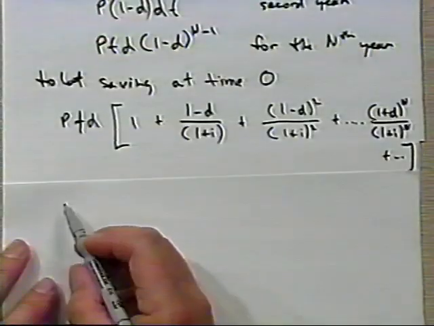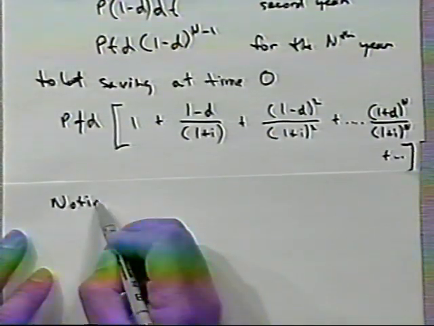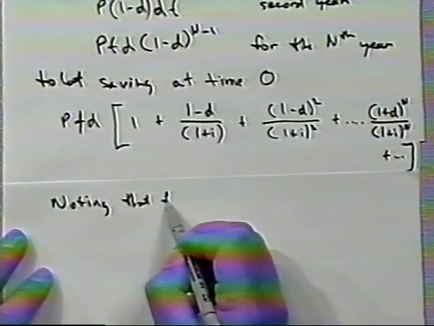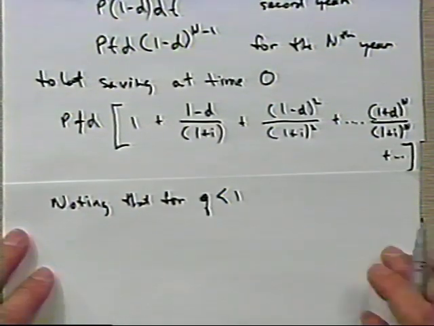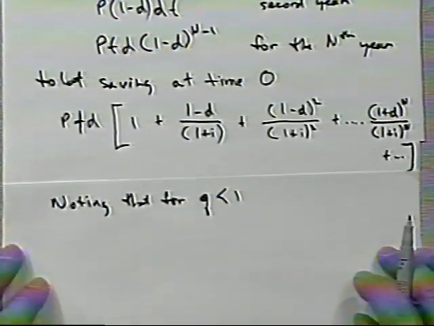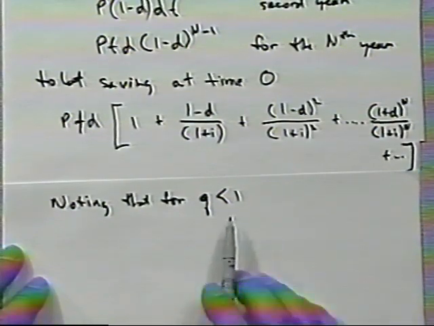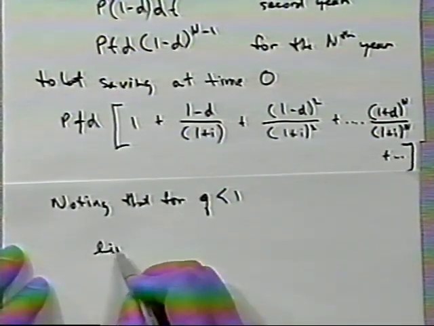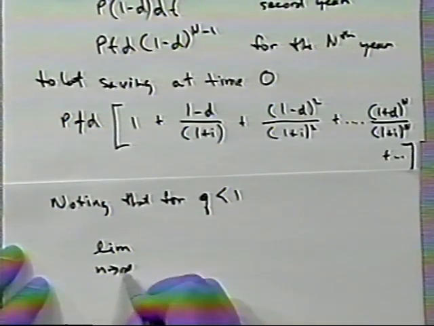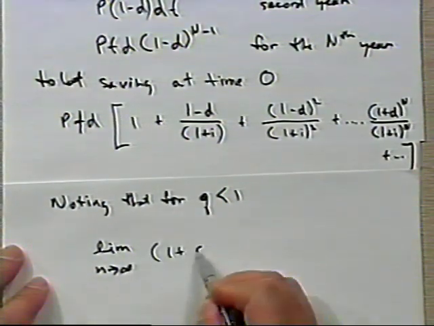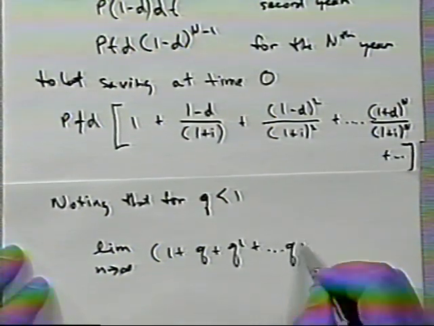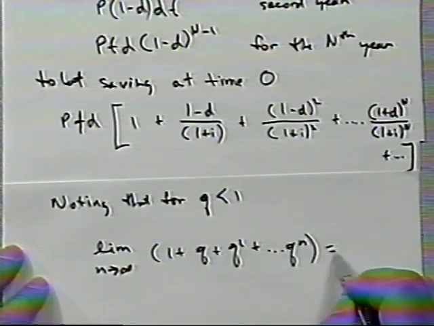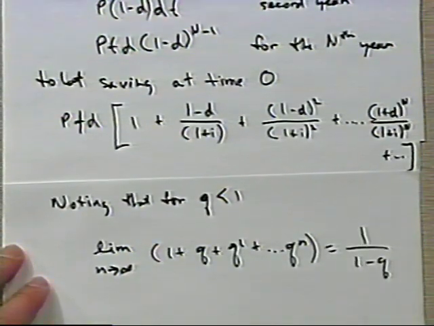Which is a fairly complicated formula. But what this gives us is the present worth of all those savings. Now it so happens we can simplify this. There is a series, I forget what it's called, or if it even has a name, but for q strictly less than 1, the limit as n approaches infinity of 1 plus q plus q squared plus dot dot dot q to the n equals 1 over 1 minus q.